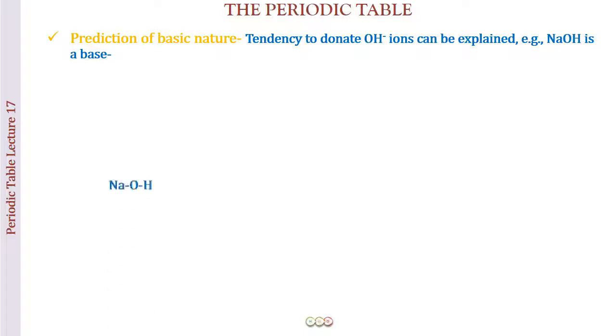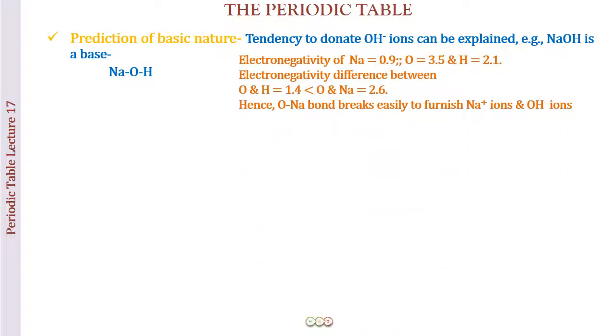So we have NaOH as an example. The bond is between Na and O and a bond between O and H. Check the electronegativity difference. For oxygen and hydrogen, we get the electronegativity difference to be 1.4. For oxygen and sodium, it is 2.6.